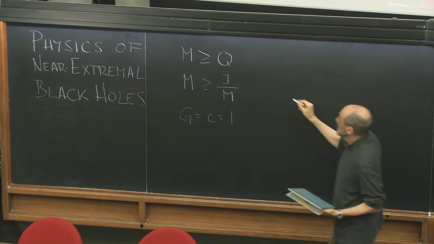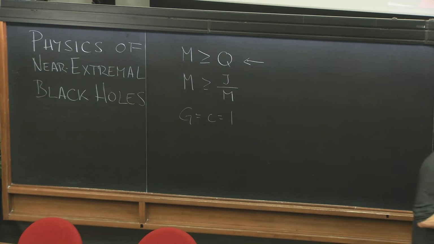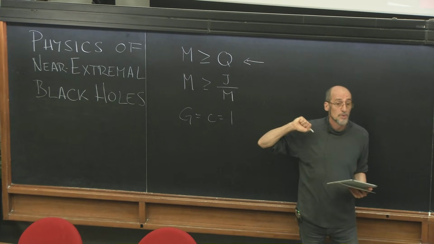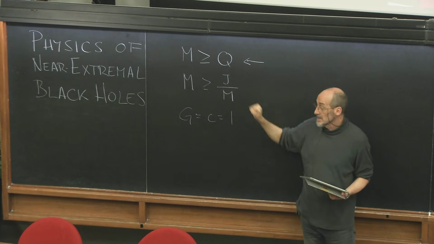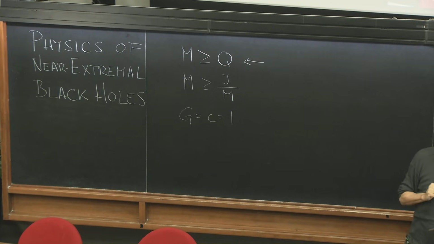I will focus mostly on this case, even if the rotating case is also interesting and important, but it's technically more complicated. And many of the things that we will learn about these black holes that are close to charge extremality will also generalize to rotating extremality. Not all of them. There are some differences, not only technical, there are some physical differences, and maybe we will mention them.